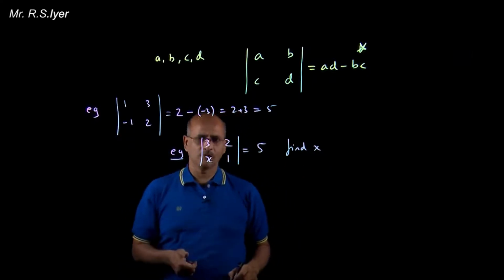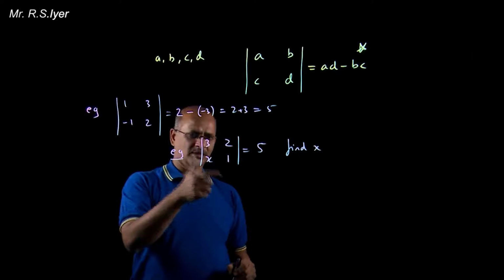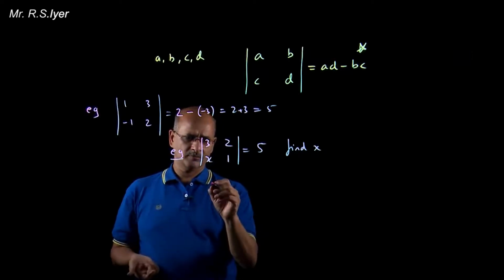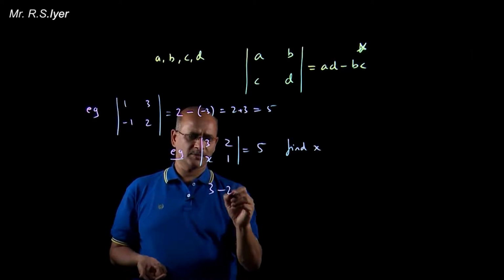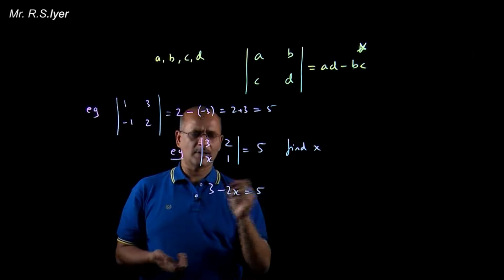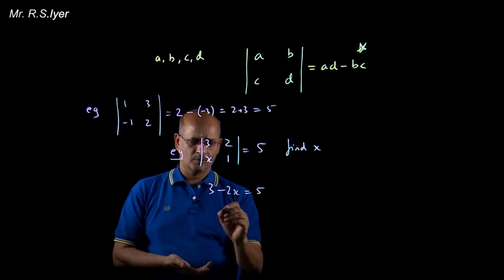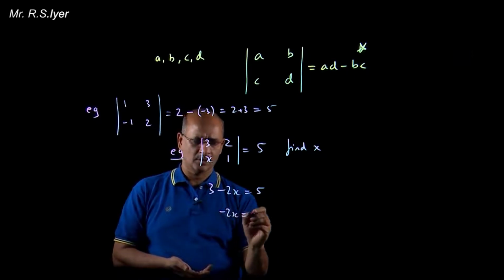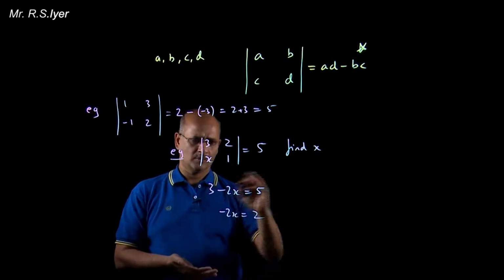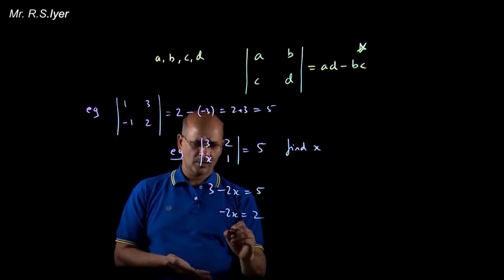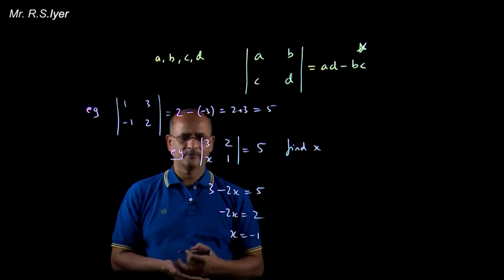So tell me what you will do with this question. It will be nothing but AD minus BC is equal to 5. So 3 minus 2x equals 5, so minus 2x equals 2, 5 minus 3 is 2. So x is nothing but minus 1.